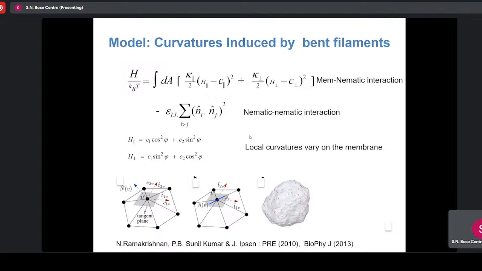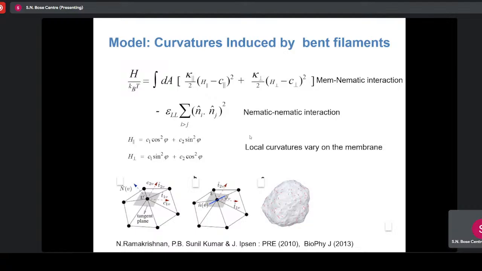Instead of a simple isotropic curvature term, what I have is that at every point, there is a C1 and C2, that is the principal direction of curvatures. But first of all, the rod is always tangential to the surface. They are sitting on the surface. So according to its direction, this is the blue direction of the rod.